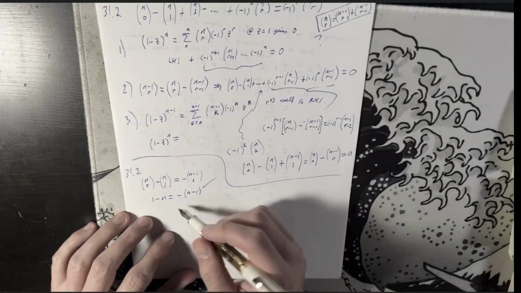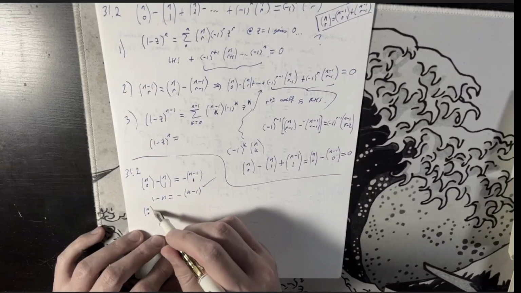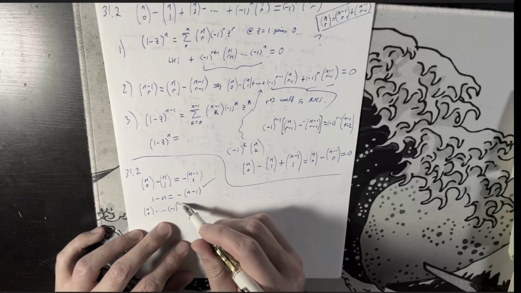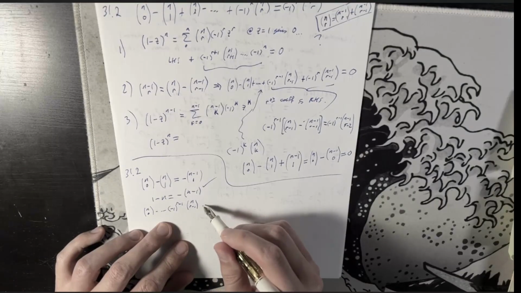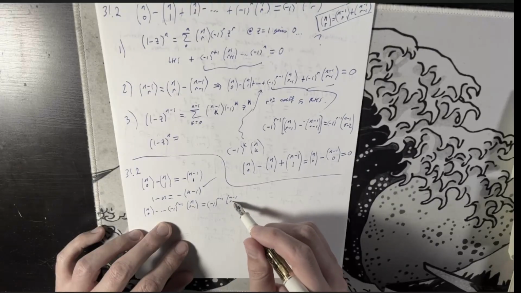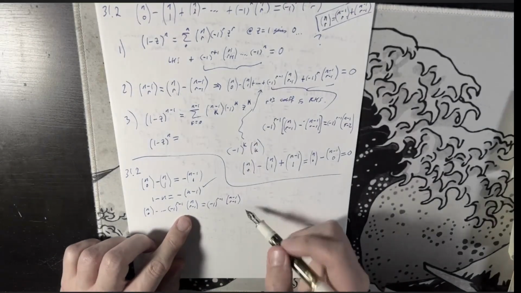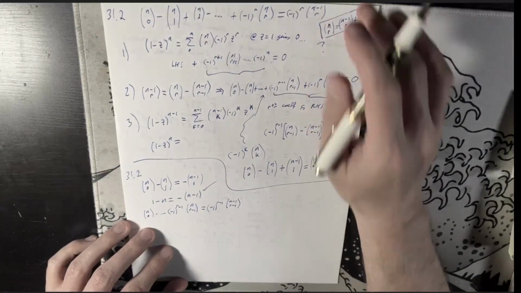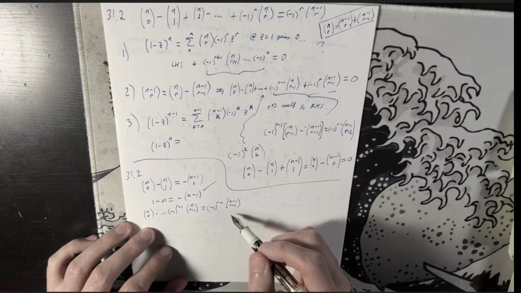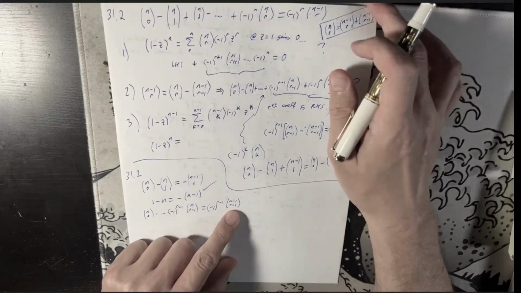And then suppose it were true that this happens, can you show that it's true for r being increased by 1? Well, we've got our formula again up here.